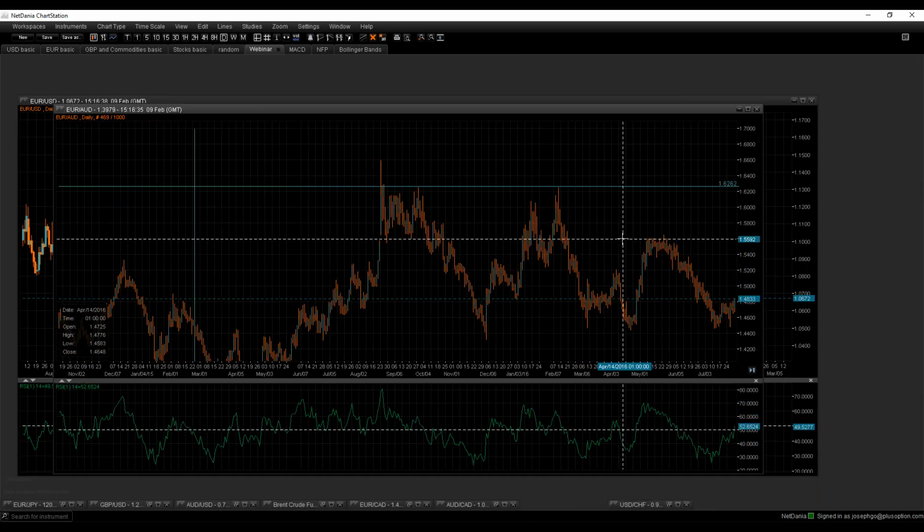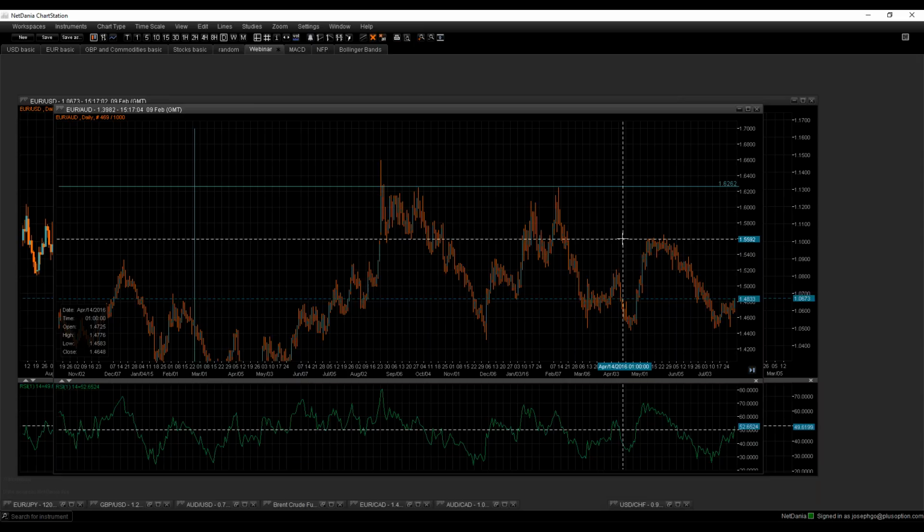So after we discussed support and resistance in part 1, we moved on to RSI, which is the Relative Strength Index. And the RSI, once again, is a technical momentum indicator that compares the magnitude of recent gains to recent losses in an attempt to determine overbought and oversold conditions of an asset.